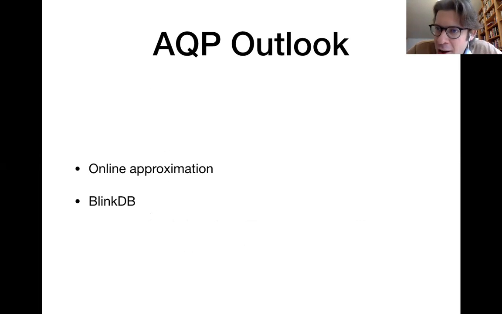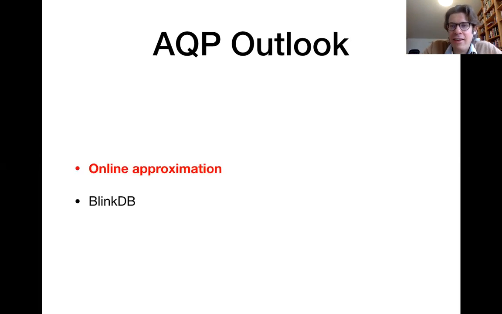One is called online approximation, and that has already been around in the 90s. The other one is a more recent approach in the BlinkDB system. And we will see that those two approaches make different decisions with regard to those questions that we have seen on the last slide.